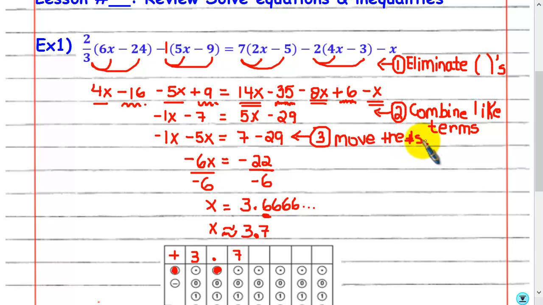Once we did that, we combined again, right? We did the adding and subtracting, depending on the sign.